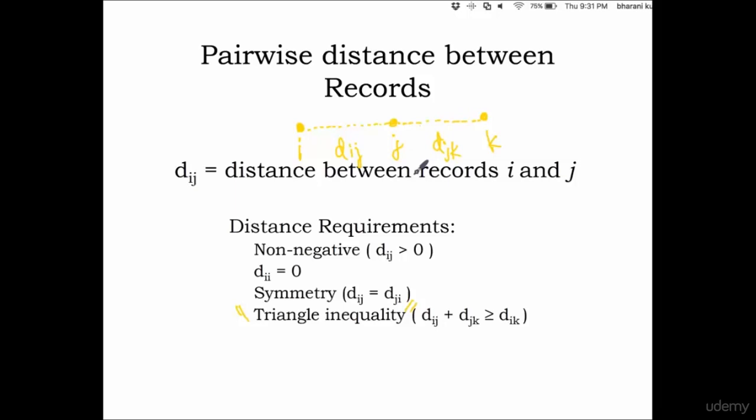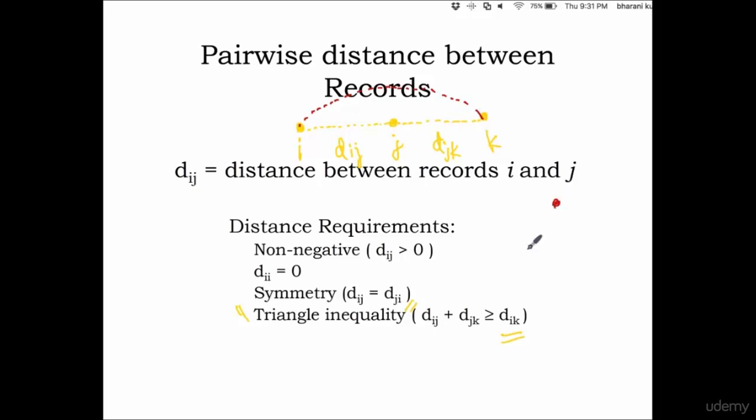It should not so happen that the distance between I and K is greater than this. So always the distance has to be this or less than that.